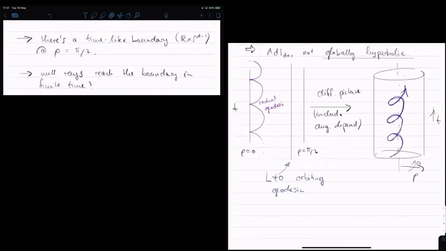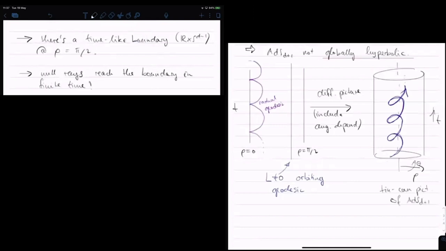It is. Yeah. So, and this picture here is sometimes called the tin can picture of ADS, just because it's like a soup can or something. And the point is that it's really the solid cylinder.